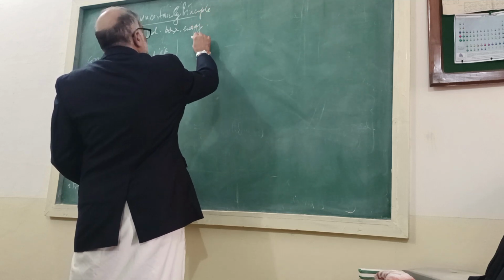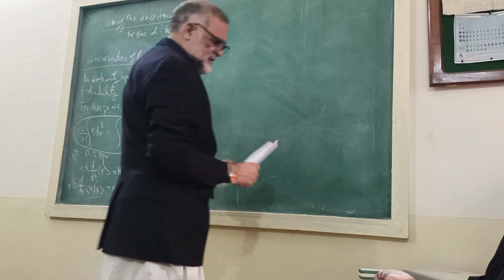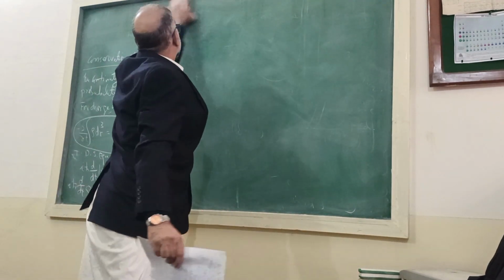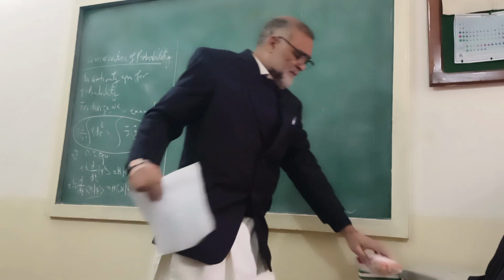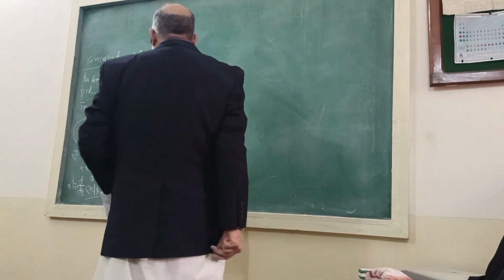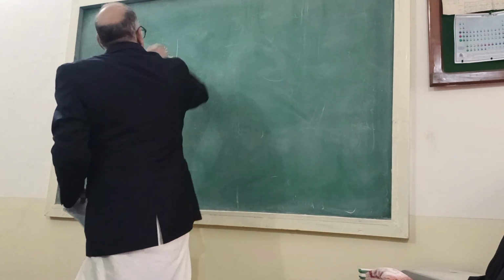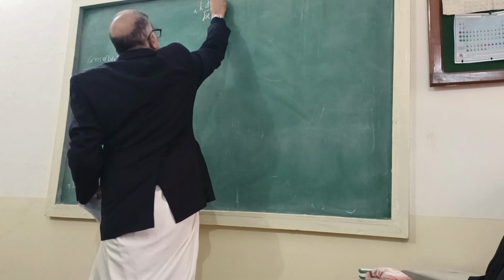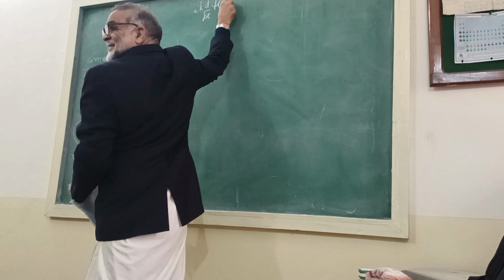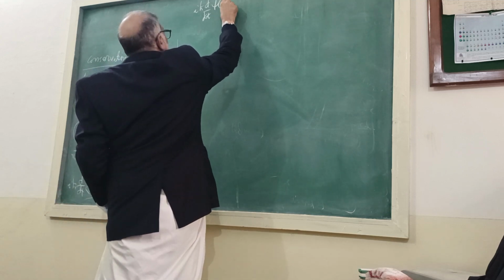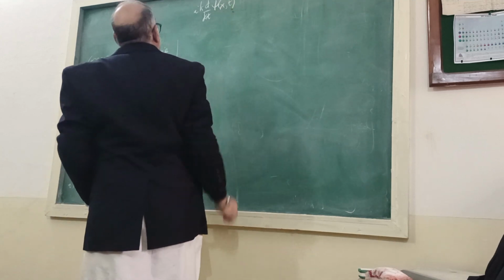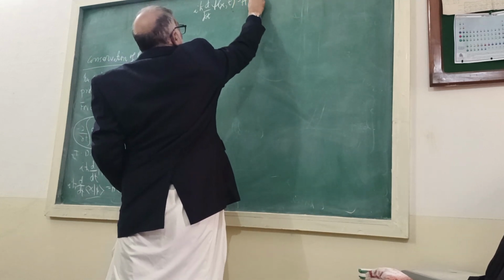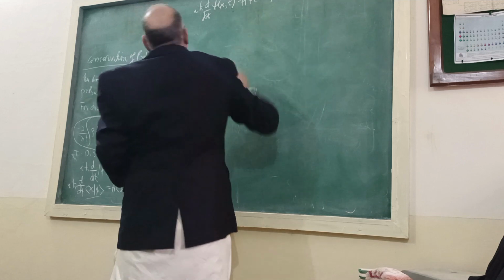Okay. So here, that is the clue for that. So this will be i h-bar d by dt of psi of x and t is equal to H psi of x and t.